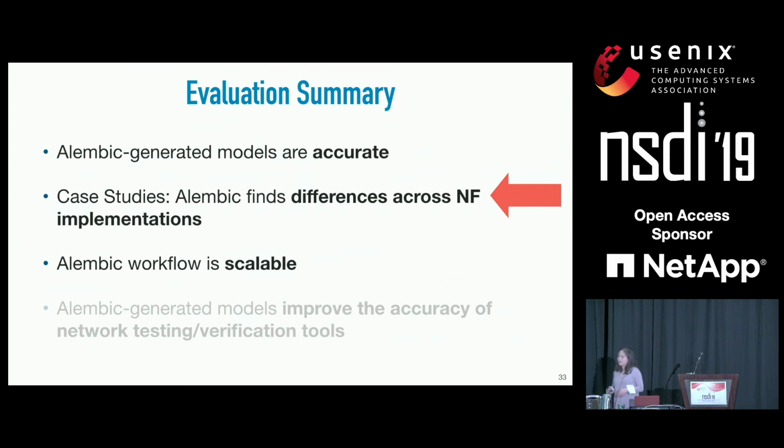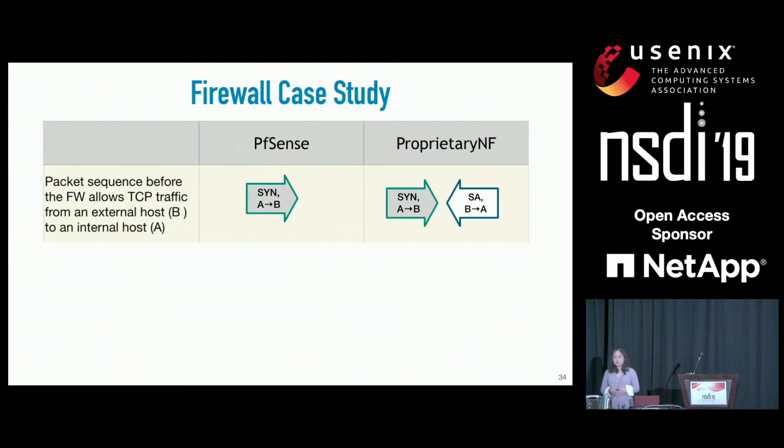So let's look at the interesting findings that we found using Alembic. Let me compare the pfSense firewall and a proprietary NF firewall. First thing we looked at is what is a sufficient packet sequence such that an external packet can send TCP traffic to an internal host. We find that for pfSense, the SYN from internal is sufficient for external to send TCP traffic.